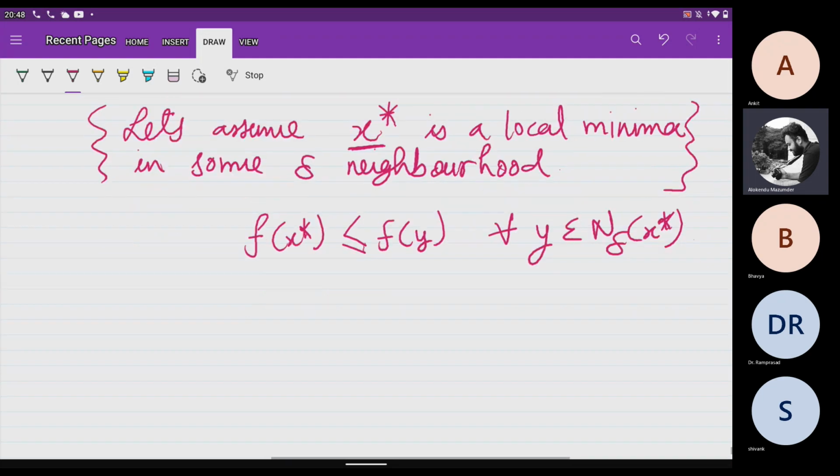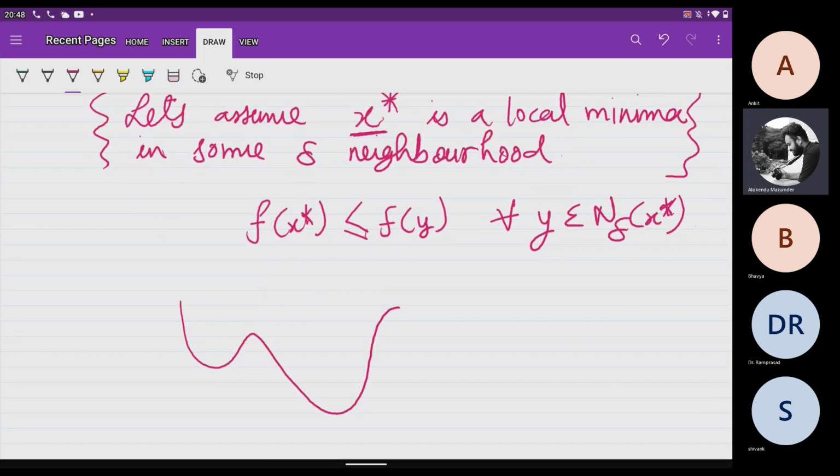Let's say this is a function, this is a local minima, and this is a global minima. In this particular neighborhood, the function value at this point is less than or equal to every other point. But if you go far from the neighborhood, to some other points, then the function value is lesser than that of the local minima. So x star is a local minima in delta neighborhood. It means f(x star) will be less than or equal to f(y) for all y belonging to that particular neighborhood.